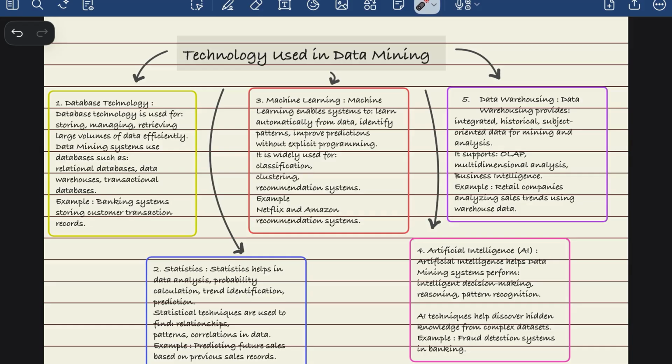The third pillar is machine learning. So the automated pattern hunter, machine learning, it is the heart of our engine. So machine learning provides the algorithms which learn automatically from the data and identify the patterns and improve the predictions. So you look, actual algorithms allow a system to look at a data set. They learn from the past record automatically and build a model to sort or group future entries without being explicitly hard coded again.